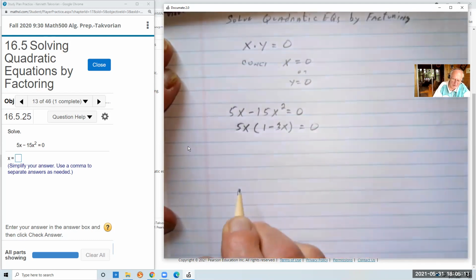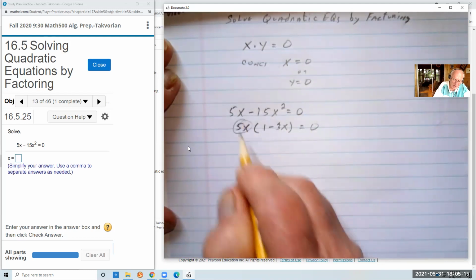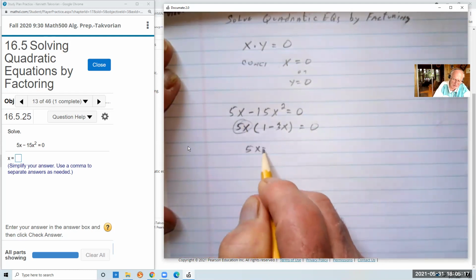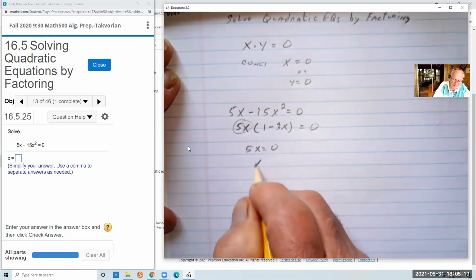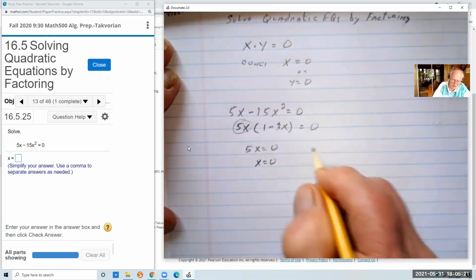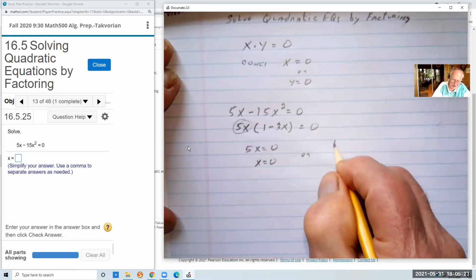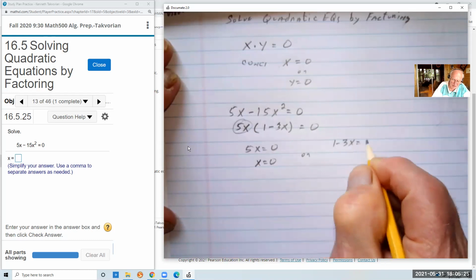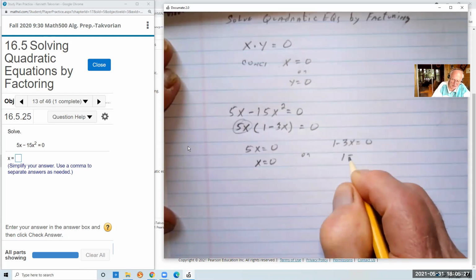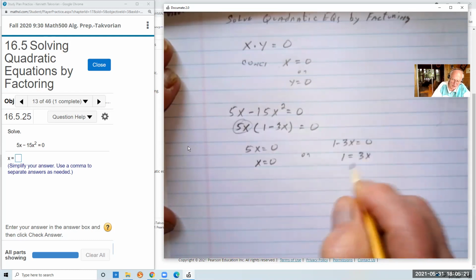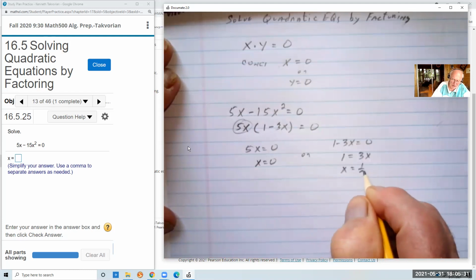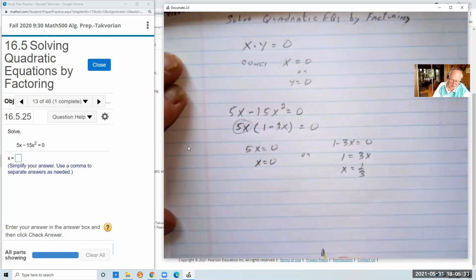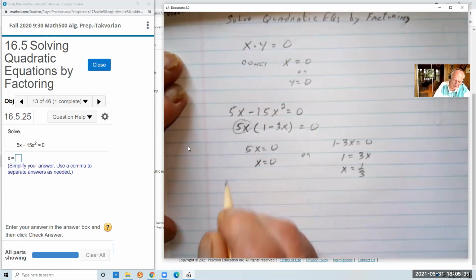That product is equal to 0. That means either 5x is equal to 0, which means that x equals 0, or 1 minus 3x equals 0, meaning 1 equals 3x, or that x equals 1/3. So there are two solutions to this problem. Let's check.